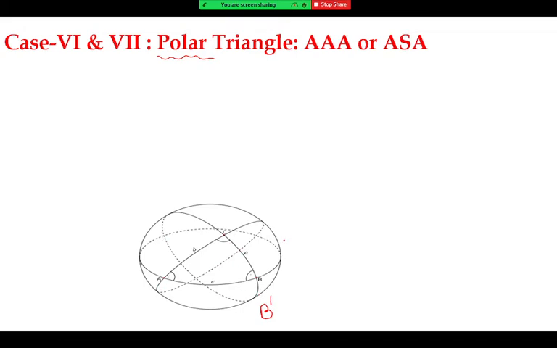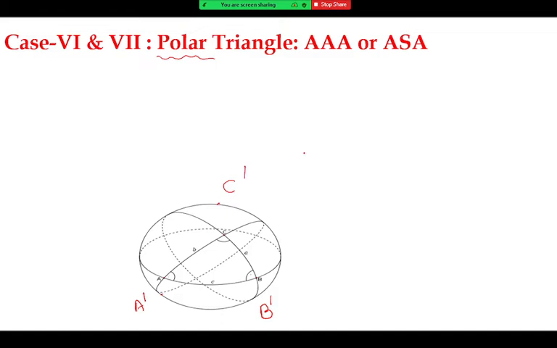You can take any one side there. We have one of the poles, and that one I denote by A dash. And lastly, we have this side AB. For this side AB, we have one of the poles, that is C dash. So let us say this is C dash.